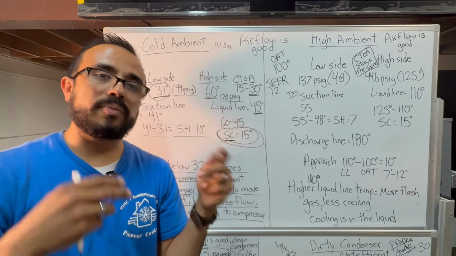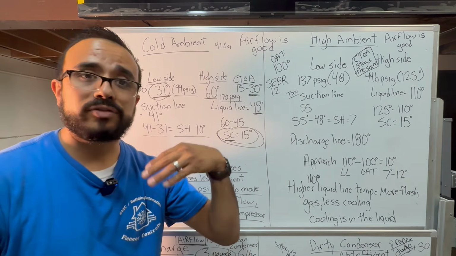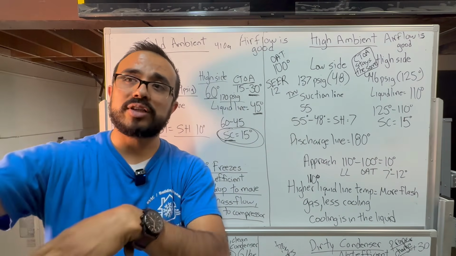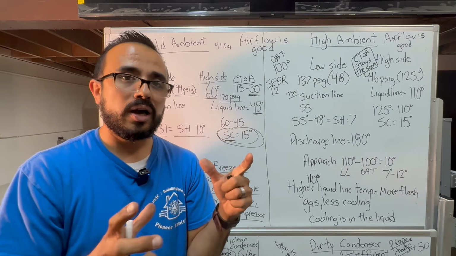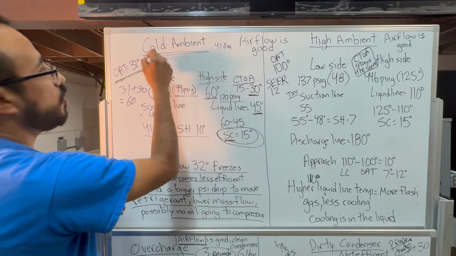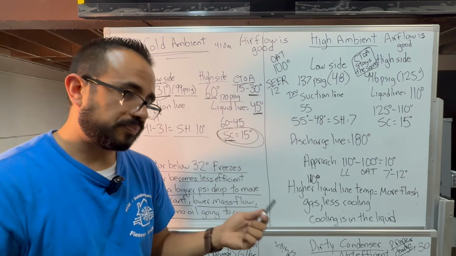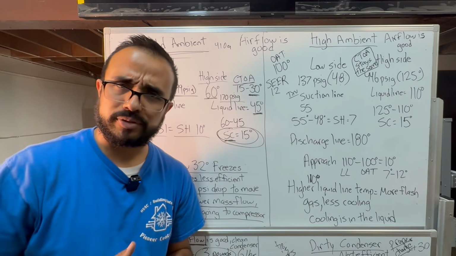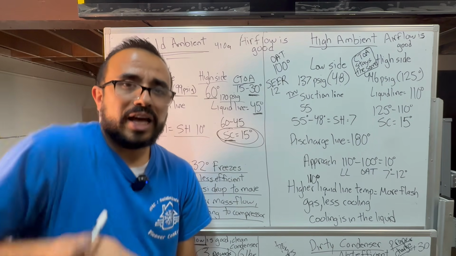It goes back to what the manufacturers tell you. Turn on the equipment when indoor air temperature is above 68 or 70 and outdoor air temperature is above 68 or 70 degrees, whatever the manufacturer tells you, at least for that specific unit. So yes, in cold ambient, we've got to be careful running systems like that. Sometimes they can do fan control systems, I believe that's what they call it, where you shut off the condenser fan to pick up the head pressure.